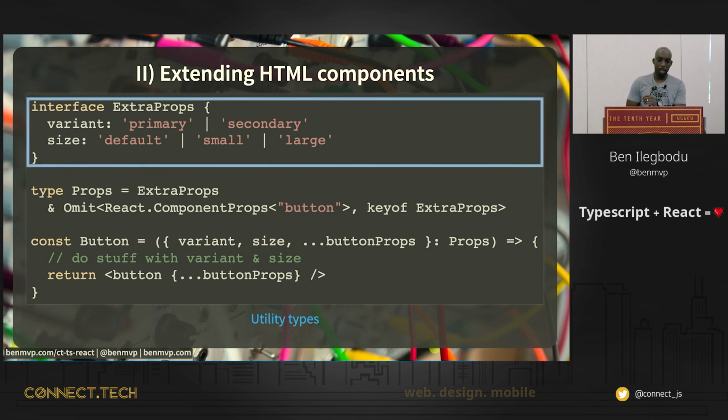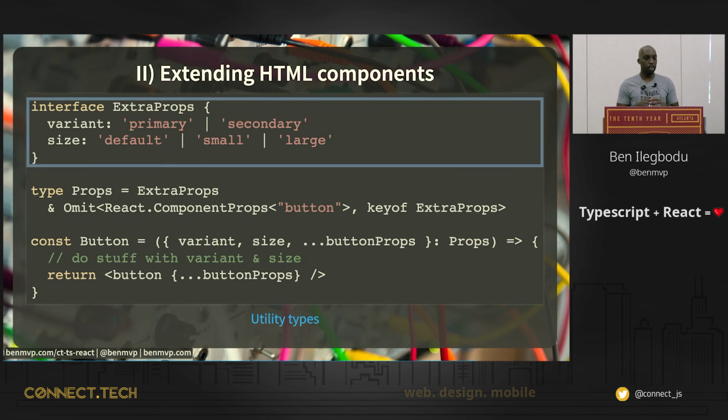So first, we define the extra props, I'm calling it. Those are similar to the common props from before. Those define ours. So here I have variant, which can be primary or secondary. That's how I read it, even though it's a union.